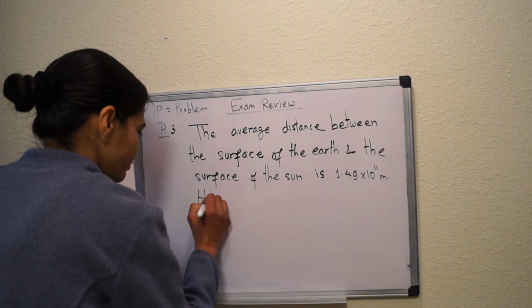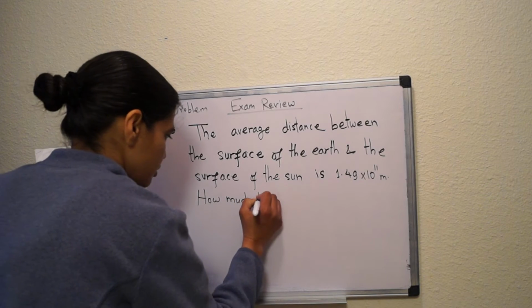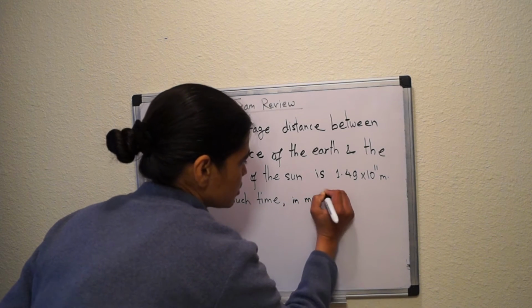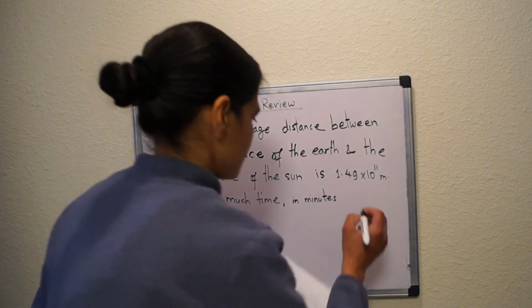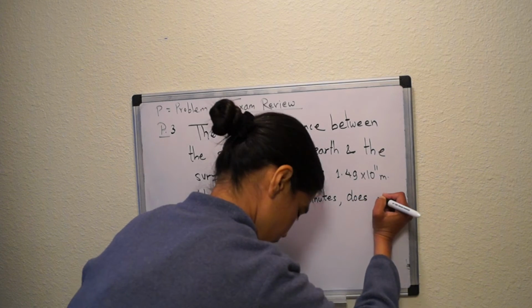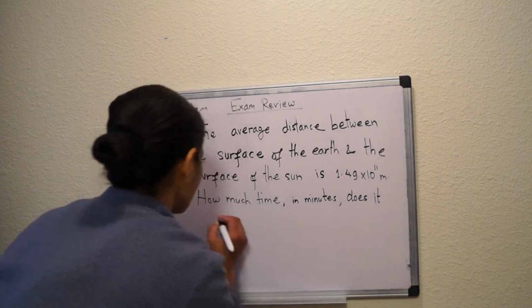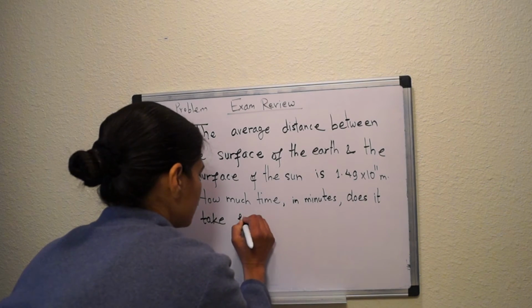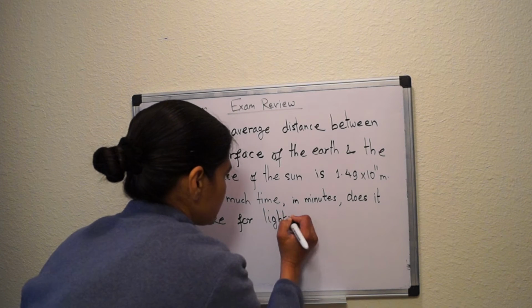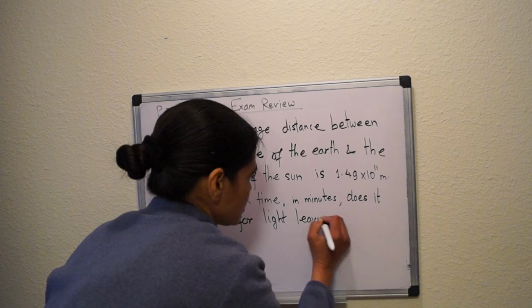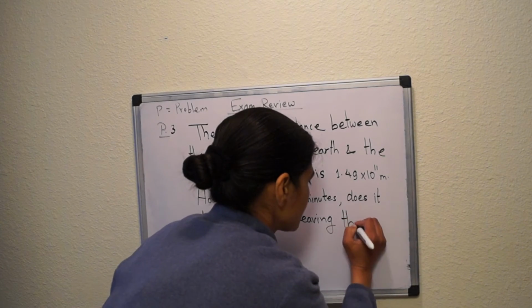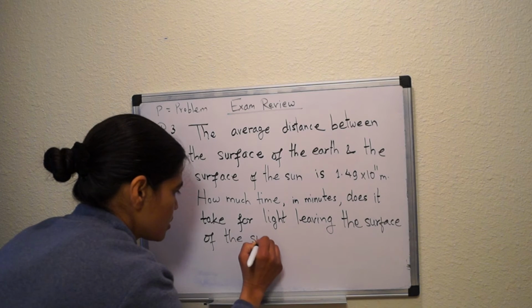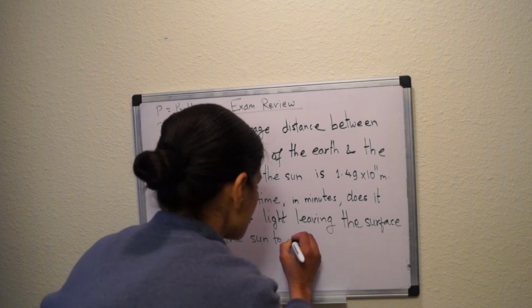How much time in minutes does it take for light leaving the surface of the sun to reach the earth?